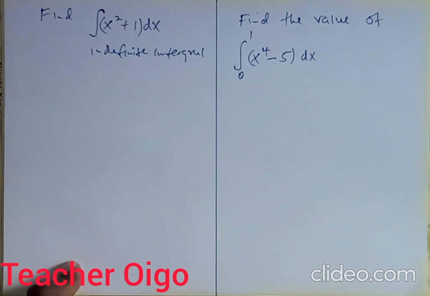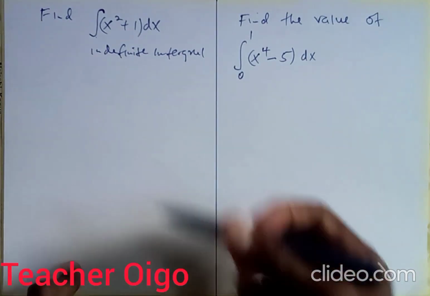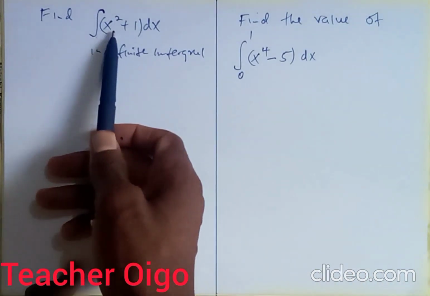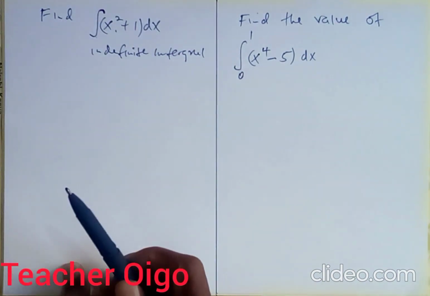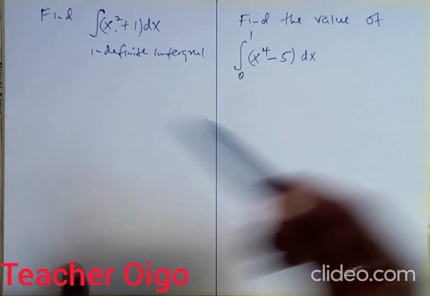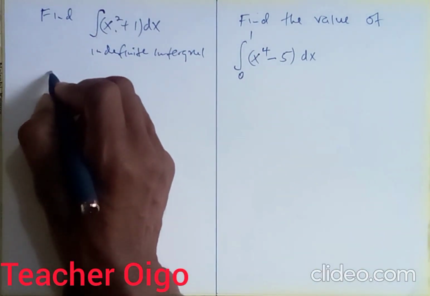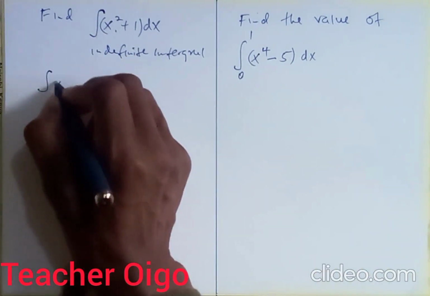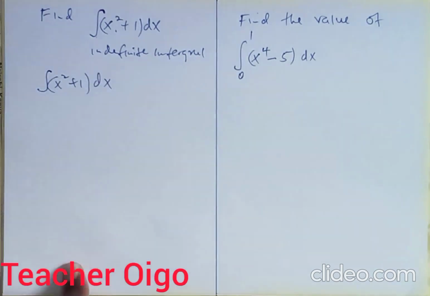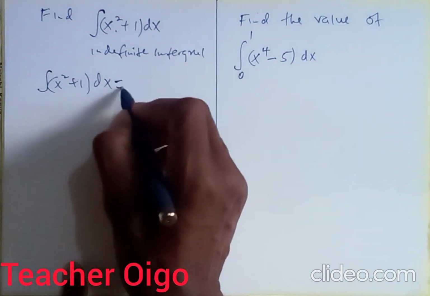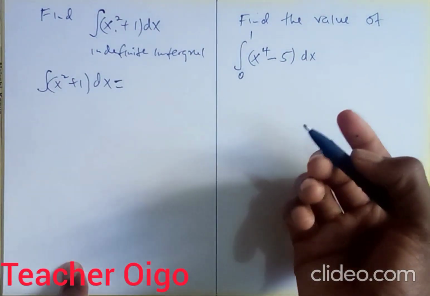Now, for this particular indefinite integral, what we are doing here is that we are looking for a function that was differentiated to come up to this particular function. And to do this, remember, I'm going to therefore say that the integral of x squared plus 1 dx relative to x is going to be given by, what do we do here?